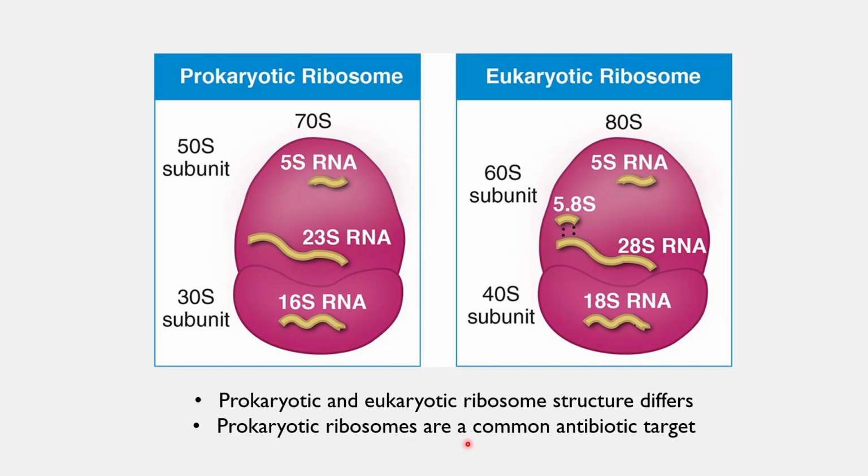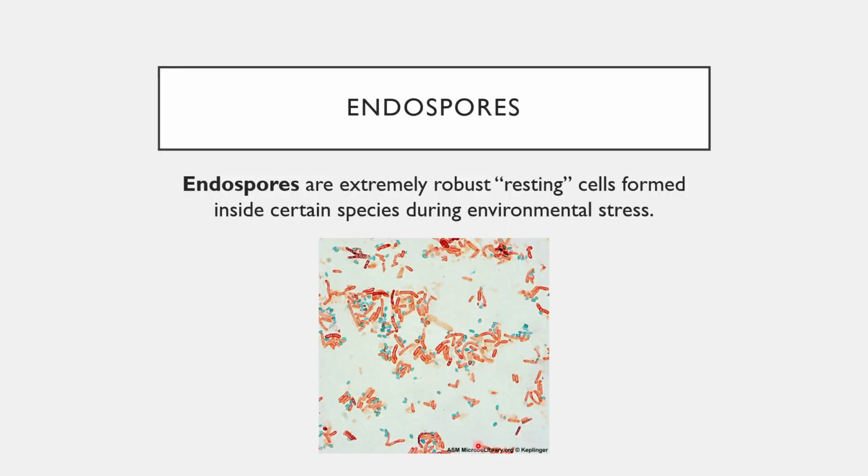Another feature that can be found in some bacterial cells, but definitely not all, are endospores. Endospores, as we mentioned before, are these extremely robust resting cells that are formed mainly inside of species belonging to the genera Bacillus and Clostridium during times of environmental stress.